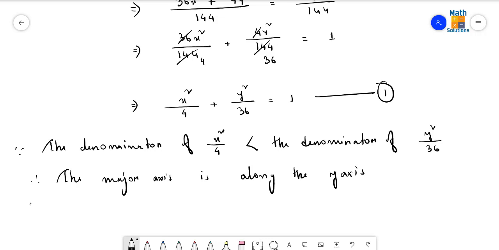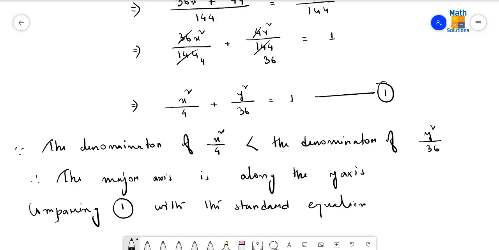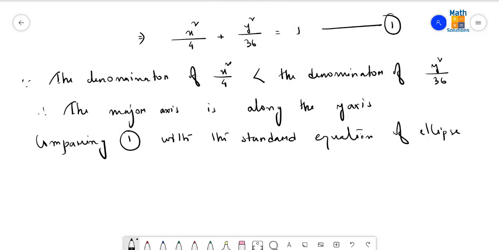So let's compare this with the standard form. Comparing 1 with the standard equation of ellipse. Which equation do we have to take?